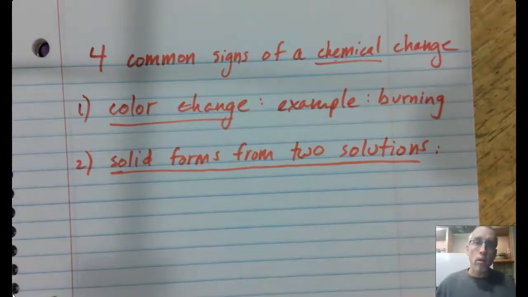Again, like salt water is a solution. You can't see the salt. You can just see the water because the salt particles are so tiny that they just don't show up to your eye. But when you mix them together and a chemical change happens, if you suddenly get a solid that can't dissolve, then that's a sign of a chemical change. You have a different substance after the reaction is done than what you started with, okay?